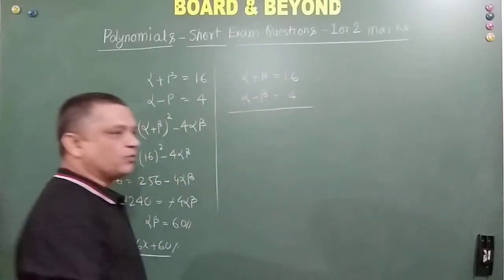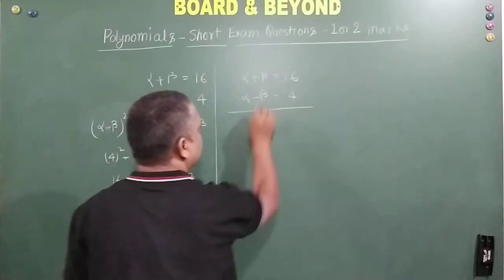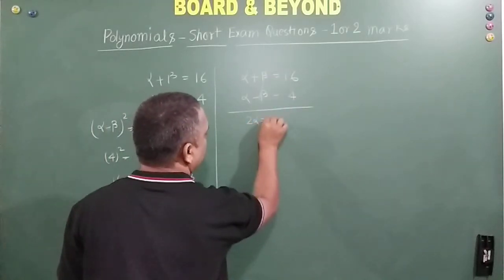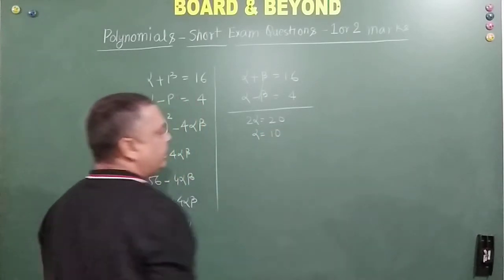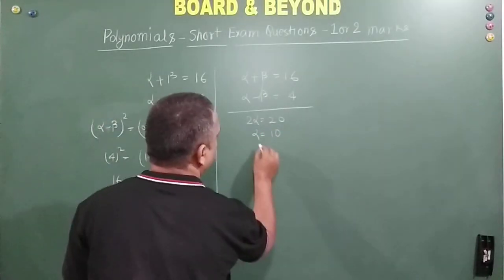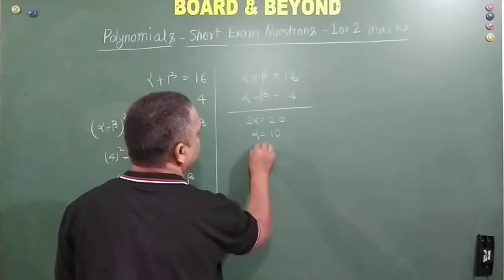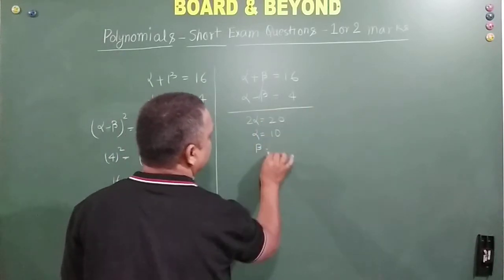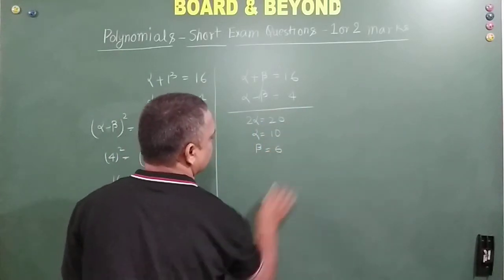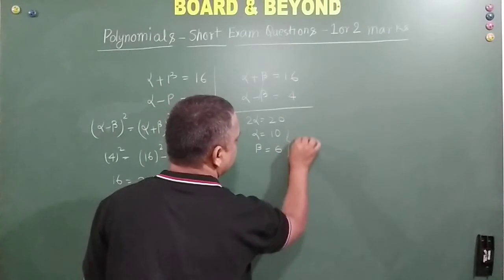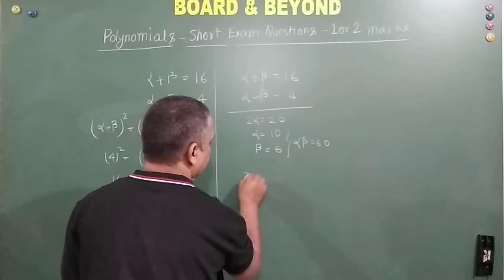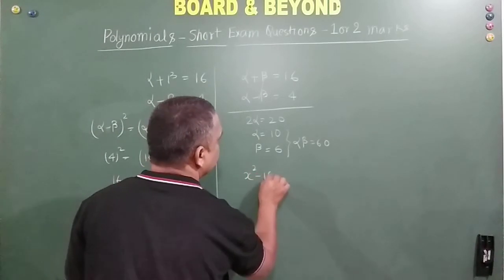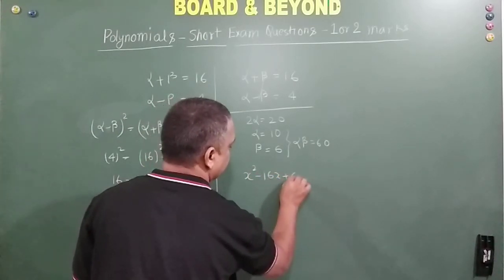If we add the two, this gets cancelled. 2 alpha is equal to 20, so alpha is equal to 10. Since alpha is 10, we can substitute in any one of the equations and get beta is equal to 6. So alpha into beta is equal to 60. The quadratic equation is x square minus 16x plus 60.